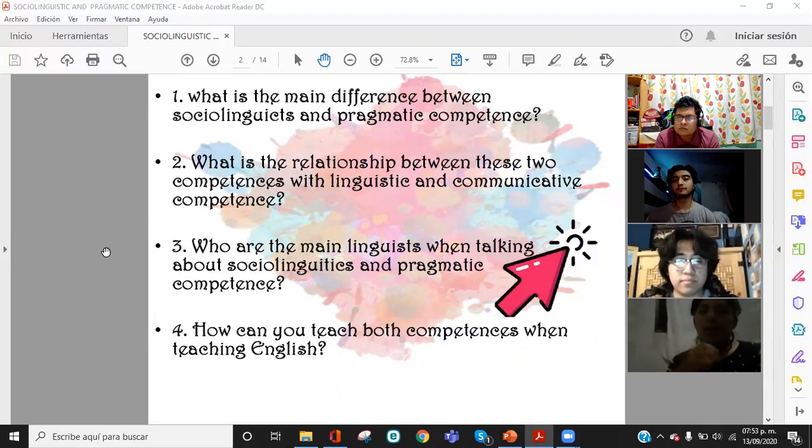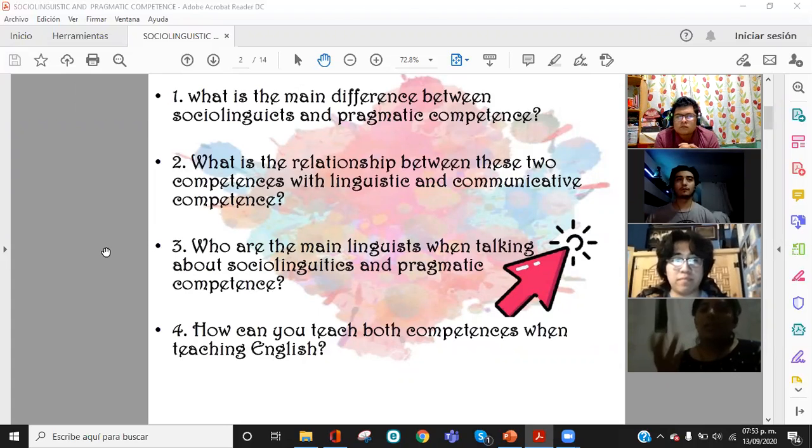Bachman proposed a new model for communicative competence, which evolved from that of Canale and Swain. He preferred to name it communicative language ability, a broader term which includes communicative competence and language proficiency.